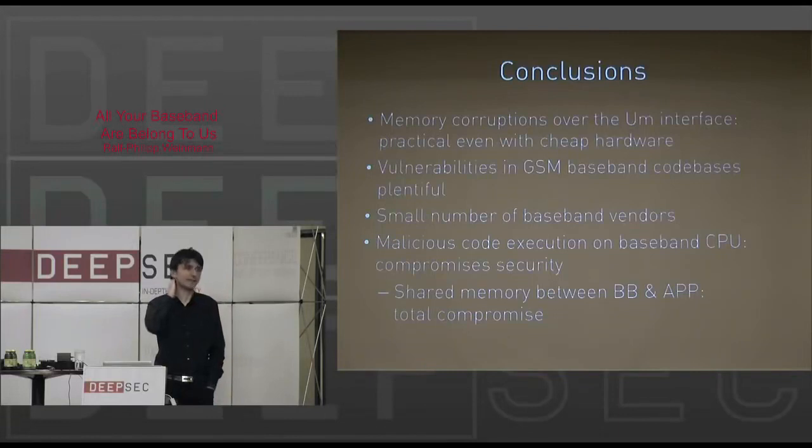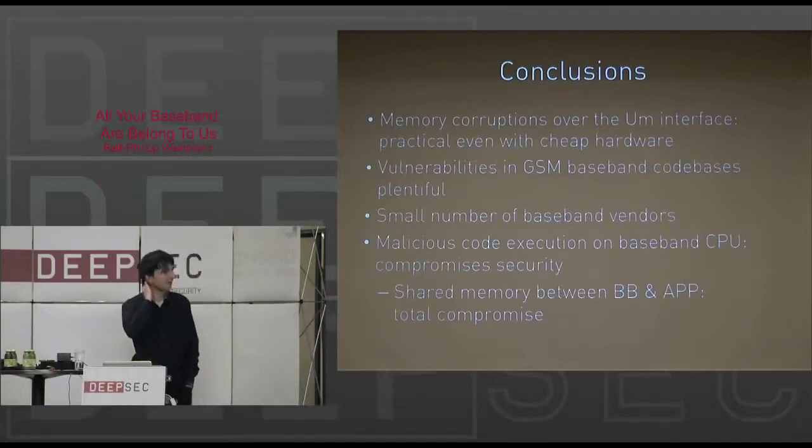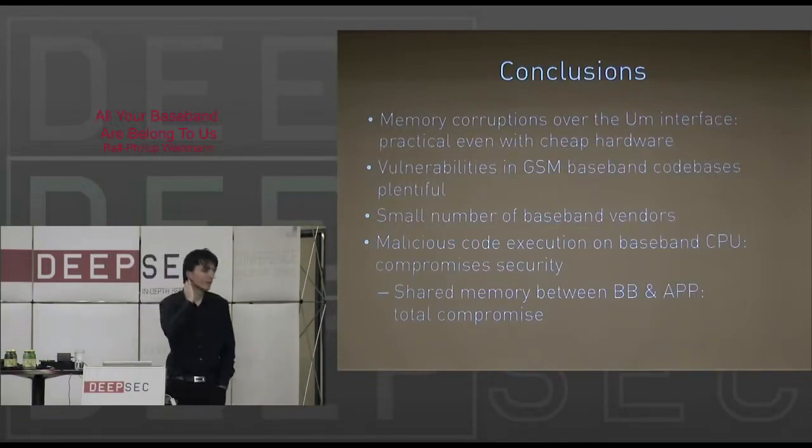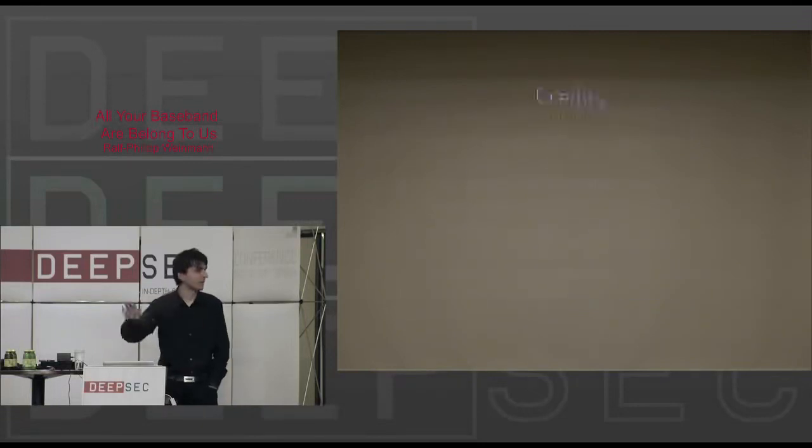It plays into the hands of the attackers that there's only a relatively small number of baseband vendors. And well, if you have malicious code execution on the baseband CPU, then you can do a lot of really funny things. And if you have this shared memory design, you can compromise security completely. So that's it for the non-demo part.